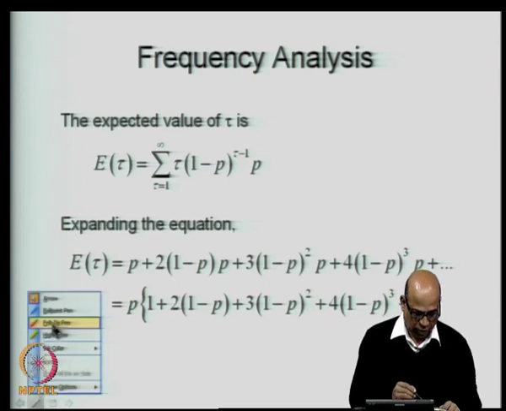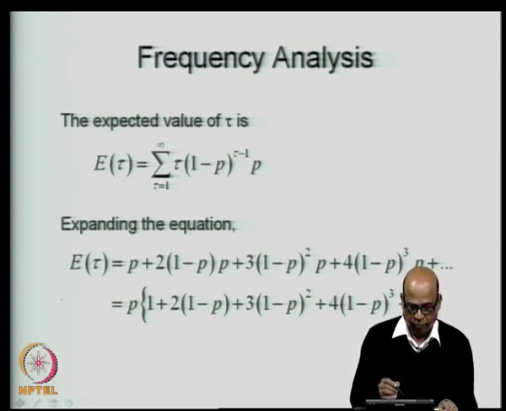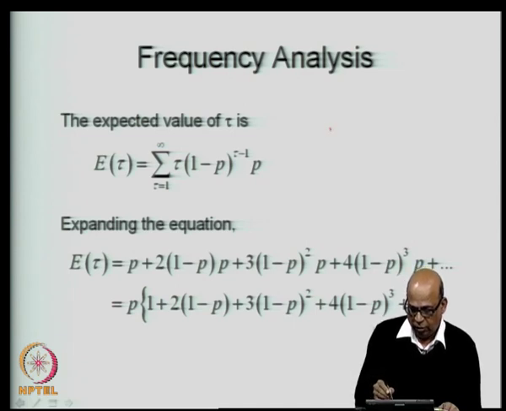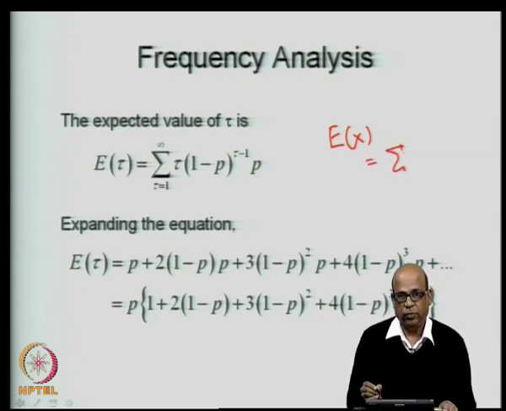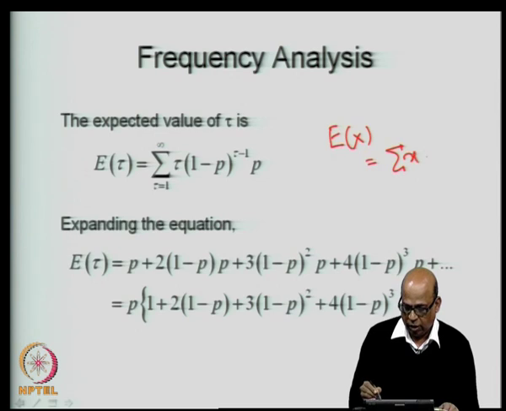So, let us recall how we define the expected value. Remember, we wrote the expected value of a random variable, when the variable is discrete, as the sum of x p of x, for i equal to 1 to infinity.